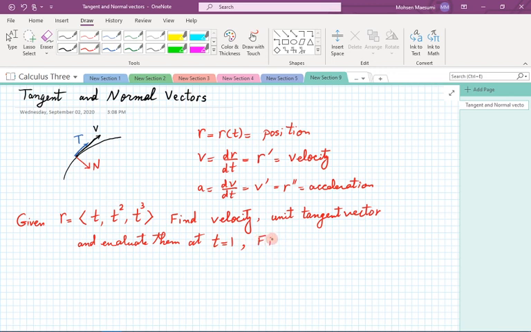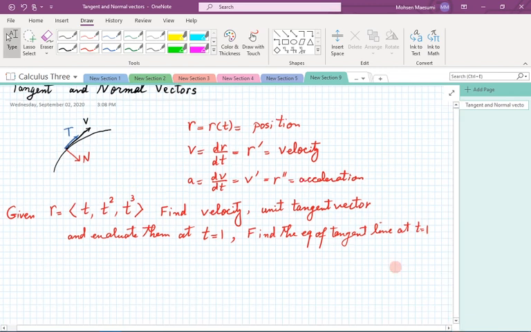So, a practice from Calculus 2: find the equation of the tangent line at t equal to 1.